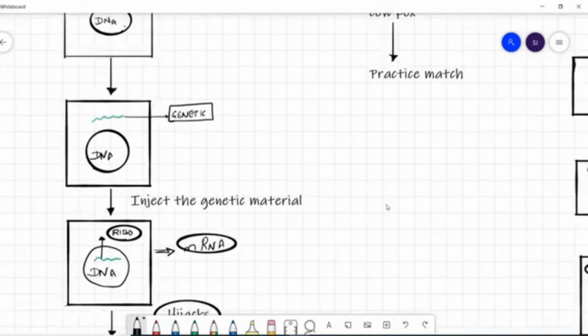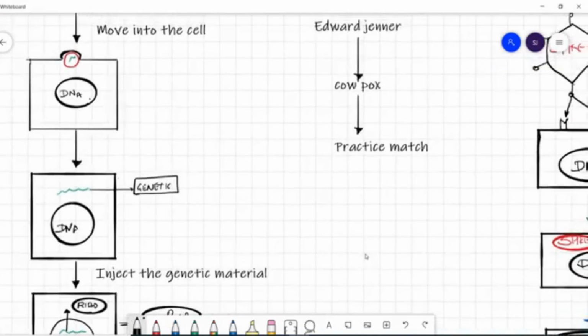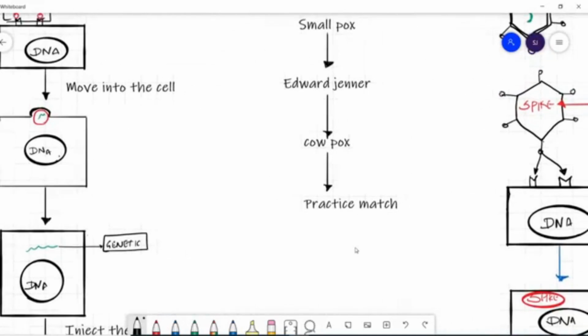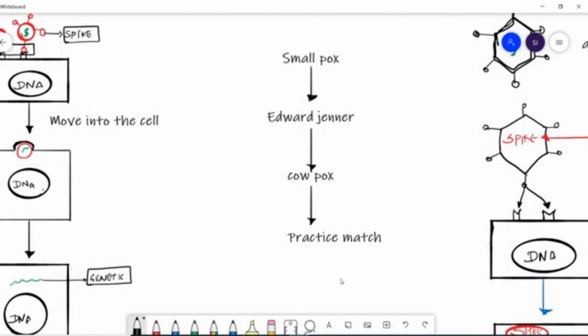So now, this is where the survival of the fittest comes in nature. The virus starts invading our cell. Now we have to protect ourselves from the virus.